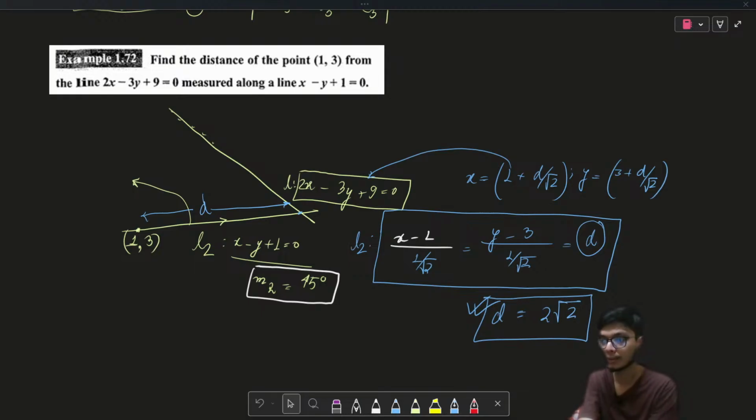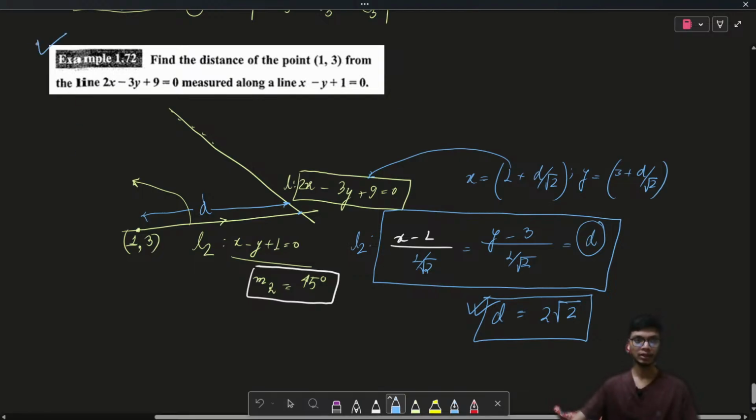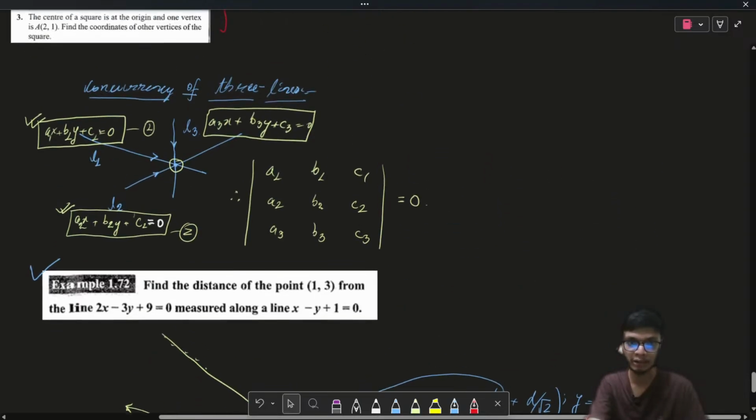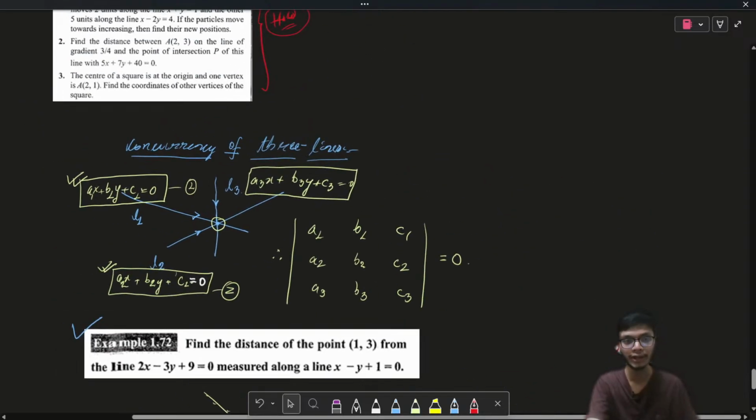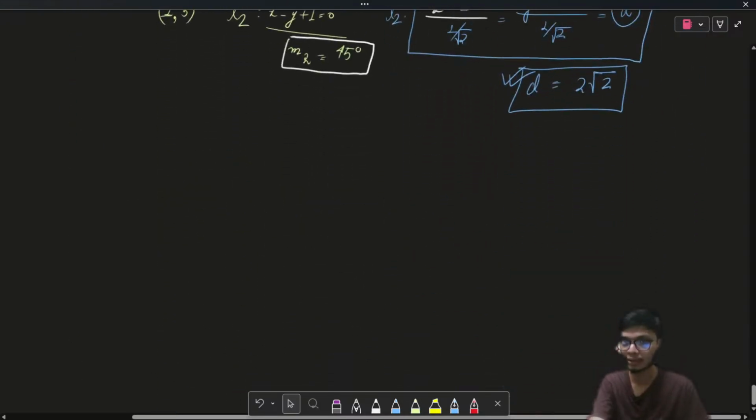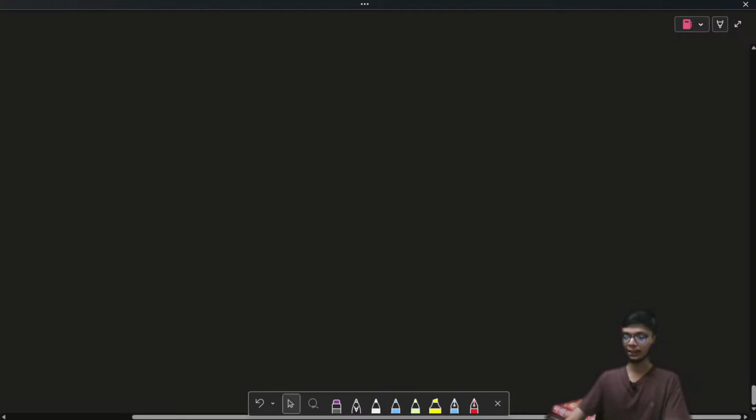I hope that concept was clear. We also solved some numerical problems to solidify our understanding of the basic portion. Along with that, we also studied another important concept, the concurrency of three lines. So in today's class, we are going to discuss the distance of a point from a line.